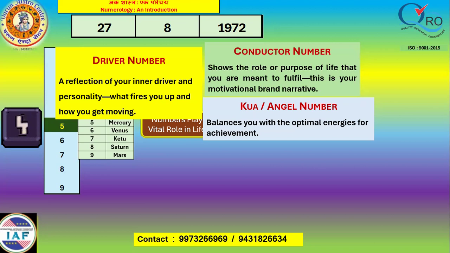So the driver is the reflection of our inner personality, our characteristics. The conductor number shows the role or purpose of life that we are meant to fulfill. This conductor number is our motivational and brand narrative. An angel number balances us with optimal energies for achievement.